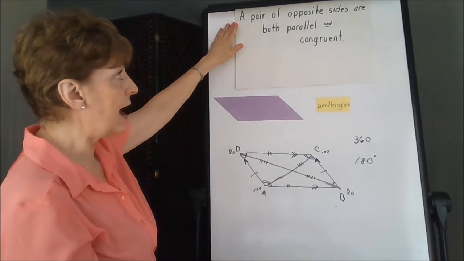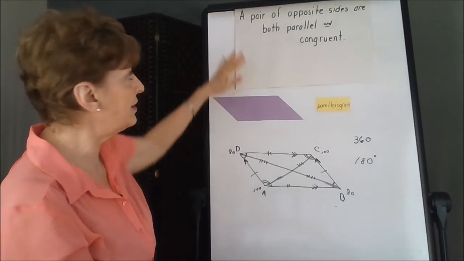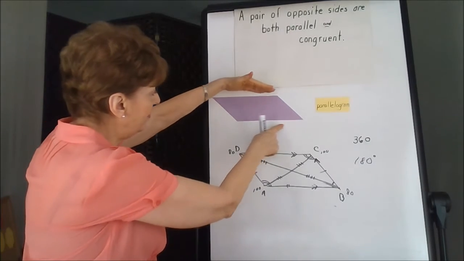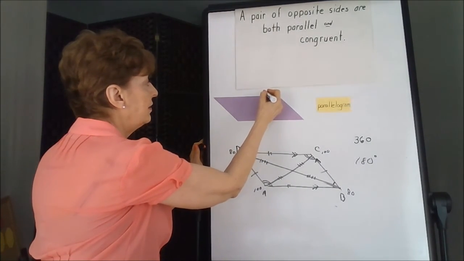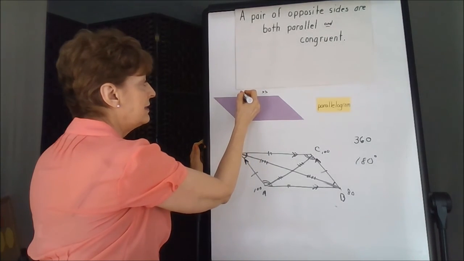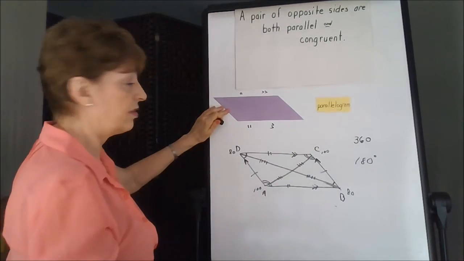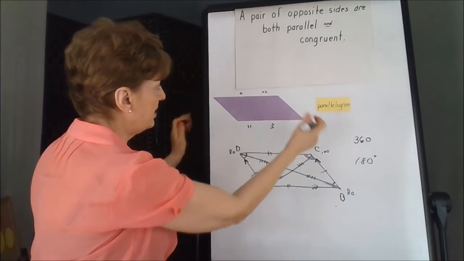One pair of opposite sides, both parallel and congruent. So that means if I can get the top and the bottom to be parallel to each other and congruent, we can call this a parallelogram. The same thing with the other two sides.